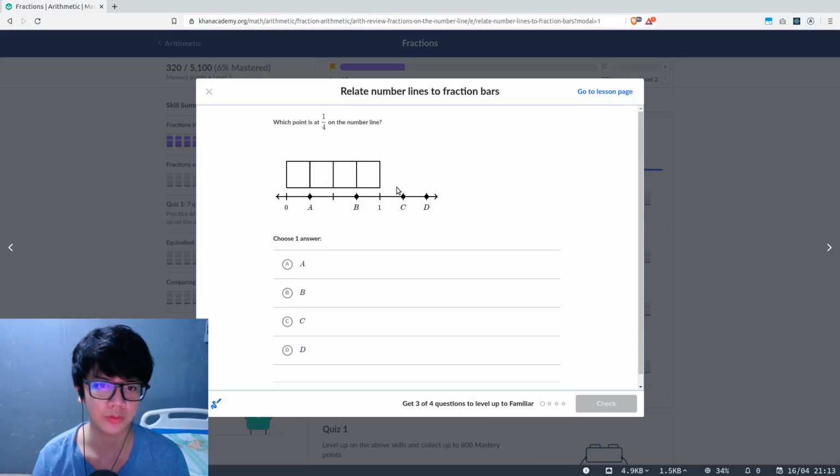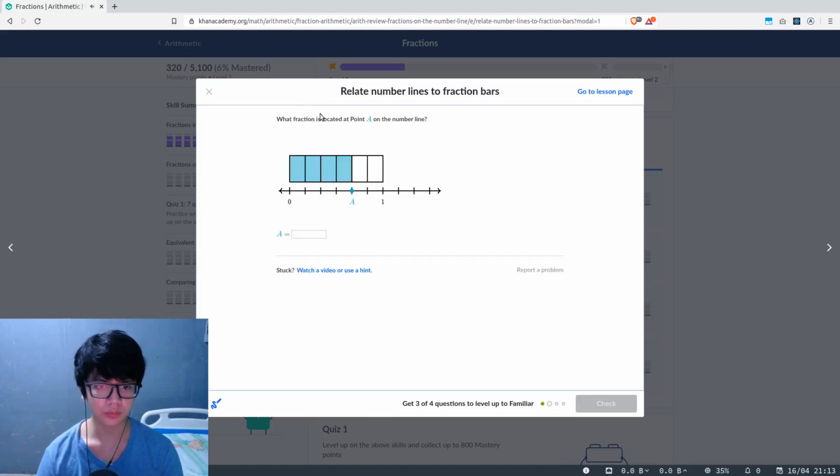Which point is at 1/4 of the number line? Oh, okay, this is 1, so it's going to be 1/4. 1 of the fourths. Give me A. What fraction is located at point A on the number line? 1, 2, 3, 4, 5, 6.